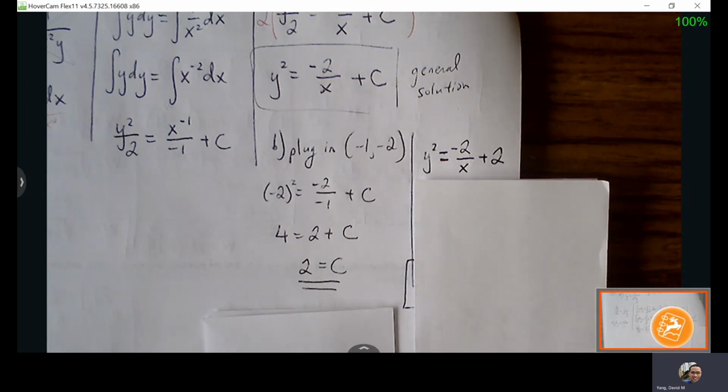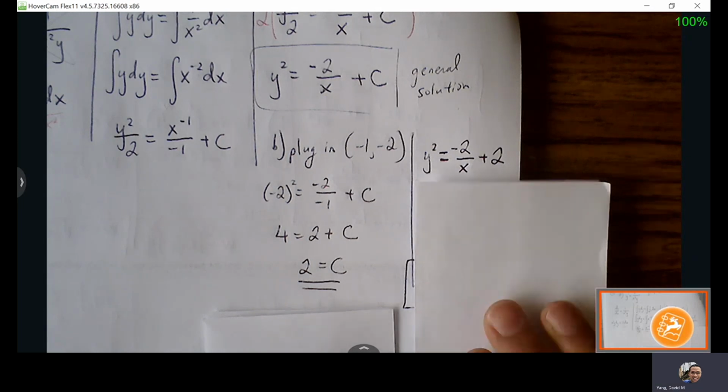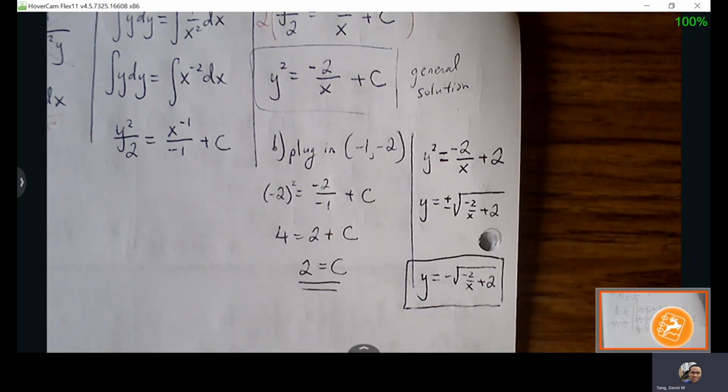I copied it wrong on my, okay, sorry about that. So -2 in for y, -1 in for x. You choose the negative because the y value is -2. Okay.